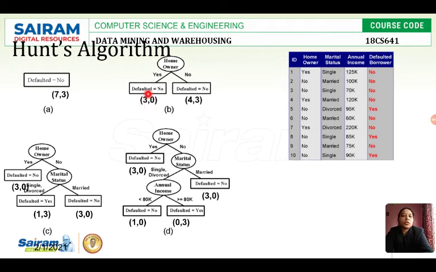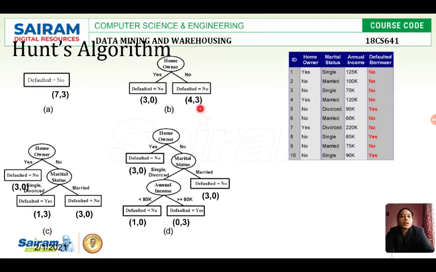Since we got 0 here, there is no need to subdivide. This was the first step given in the algorithm. Since all the homeowners are non-defaulted borrowers, there is no need of subdivision. So 3 are homeowners who are not defaulted borrowers.